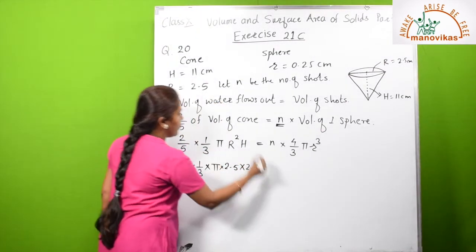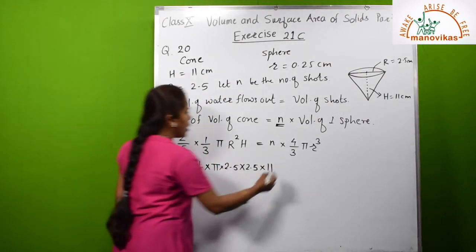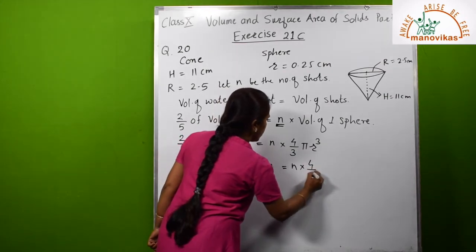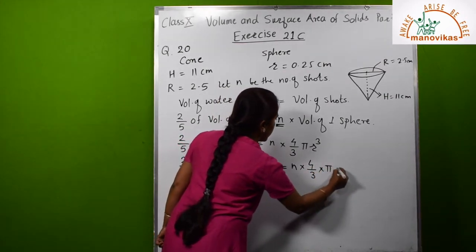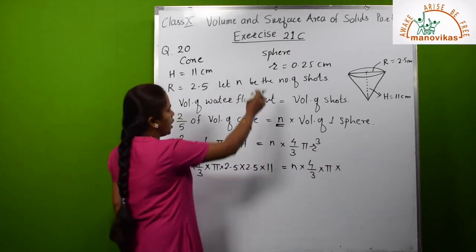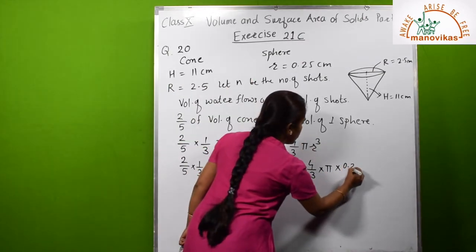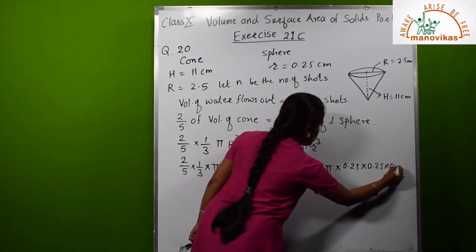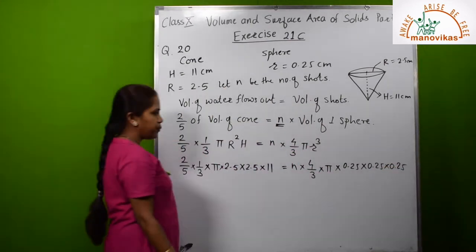H value is given 11, which is equal to n into 4/3 pi into r cube. Again r value is given 0.25 into 0.25 into 0.25.